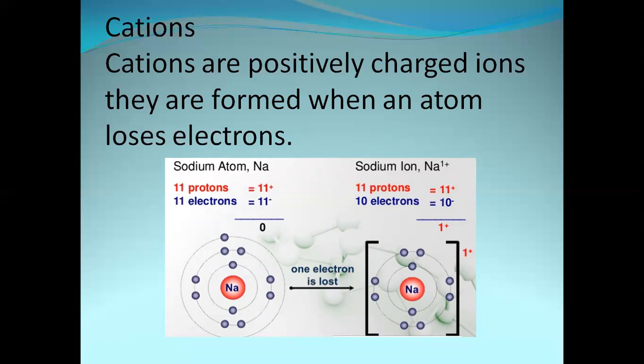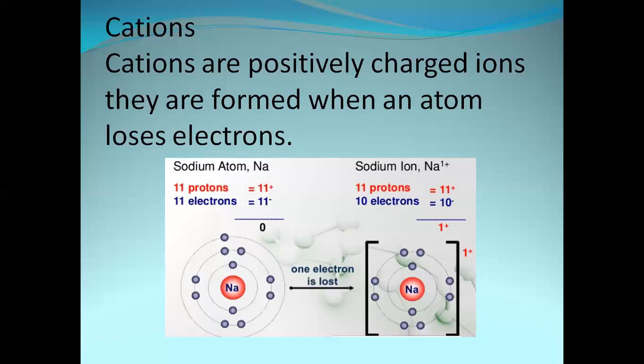Let's study the diagram. Here you can see that we have a sodium atom. We all know that in a particular atom there is always an equal number of protons and electrons. So sodium has 11 protons and 11 electrons. As a result of a chemical reaction, the sodium loses one electron.